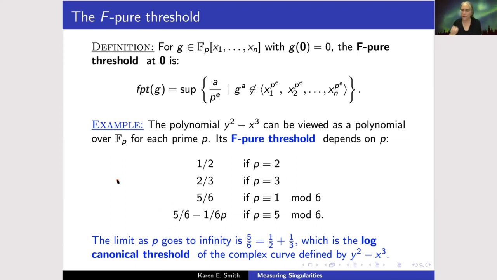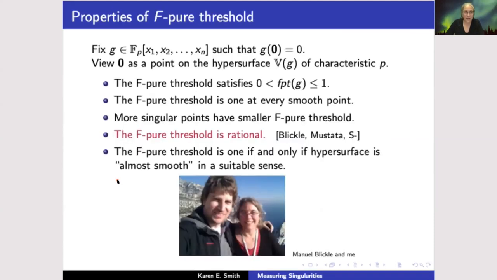So this is interesting. We're getting something very similar to the log canonical threshold, that in fact is approaching the log canonical threshold as p goes to infinity. So on the next slide, I'm just summarizing again some of the properties of the F-pure threshold.